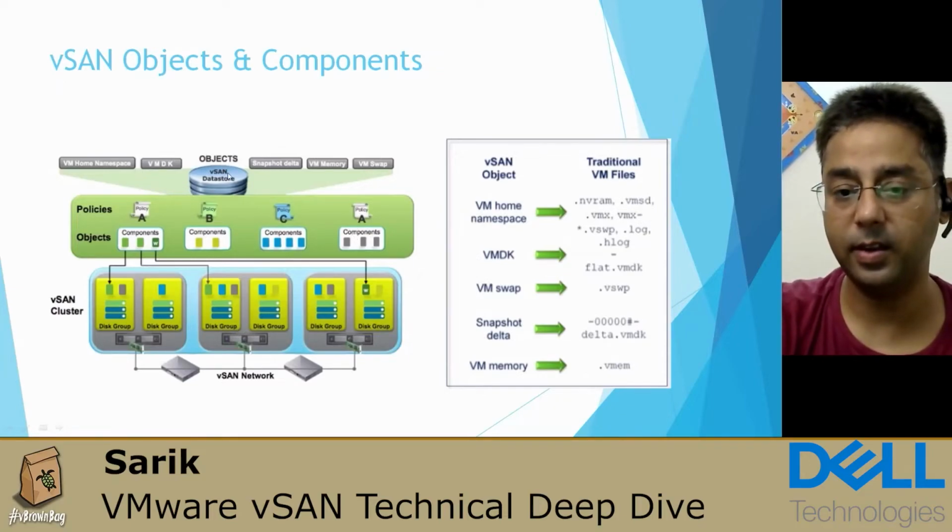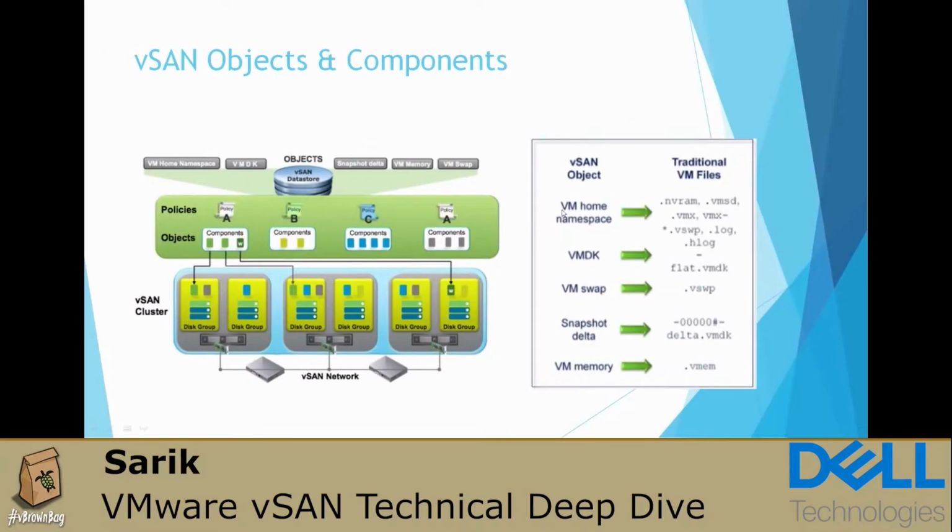In the vSAN datastore, we have five categories here: VM home namespace, VMDK, VM vSwap, VM swap snapshot delta, and VM memory. So these 5 vSAN objects get created, and these objects have VM files, like delta.vmdk and vswap, and the VM home namespace has nvram, vmsd, vmx, vswap and log files.